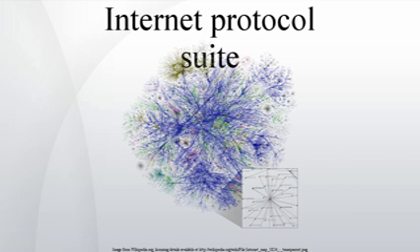From lowest to highest, the layers are the link layer, containing communication technologies for a single network segment, link; the Internet layer, connecting independent networks, thus establishing internetworking; the transport layer, handling process-to-process communication; and the application layer, which interfaces to the user and provides support services. The TCP/IP model and related protocols are maintained by the Internet Engineering Task Force, IETF.